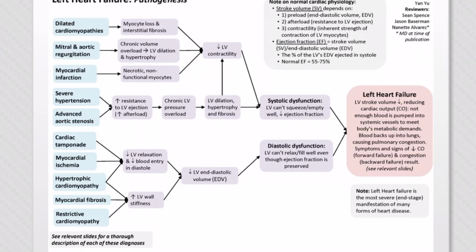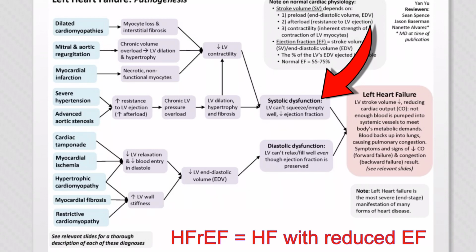So what is the mechanism? You can go over all this, but ultimately, with systolic dysfunction, the left ventricle is unable to squeeze or empty well. That's why there's a decrease in ejection fraction. We call it heart failure with reduced ejection fraction.